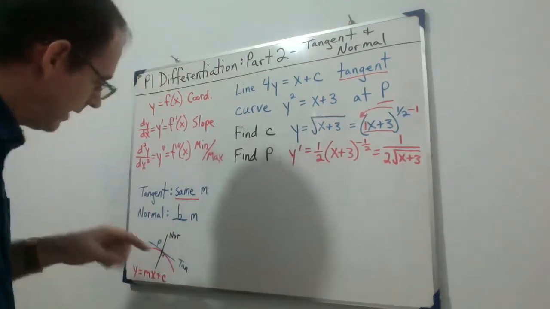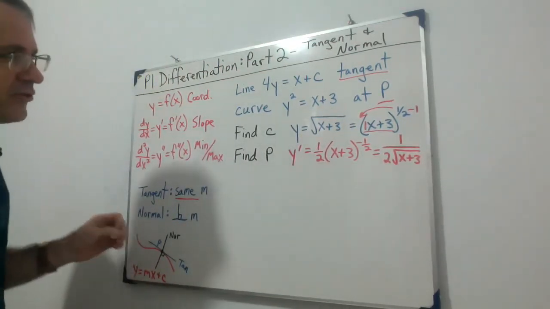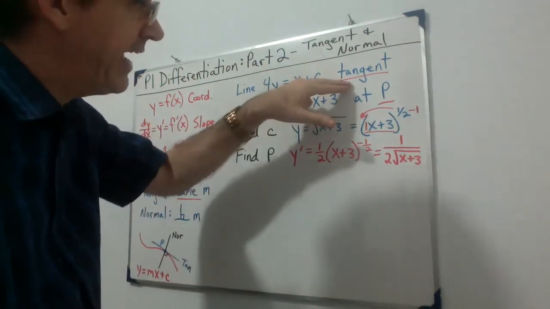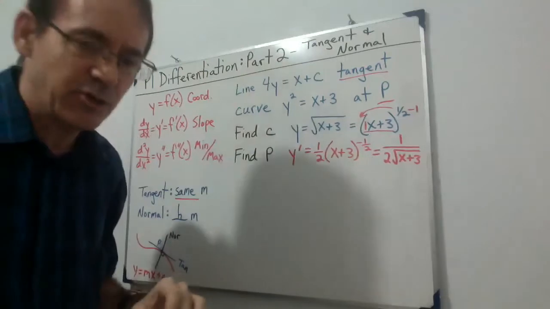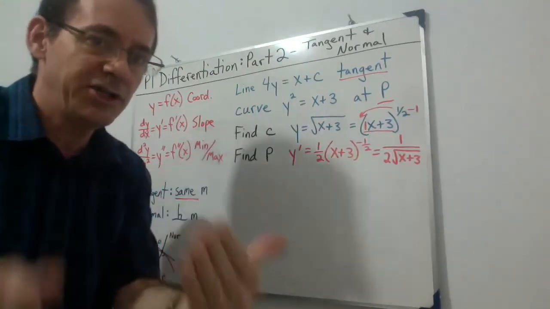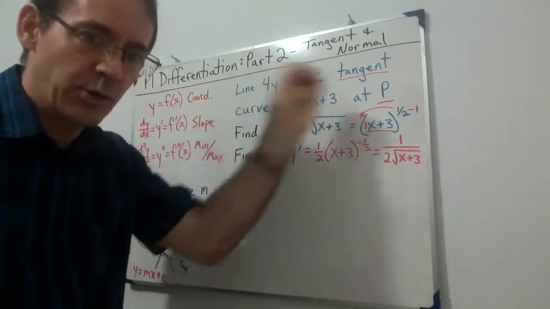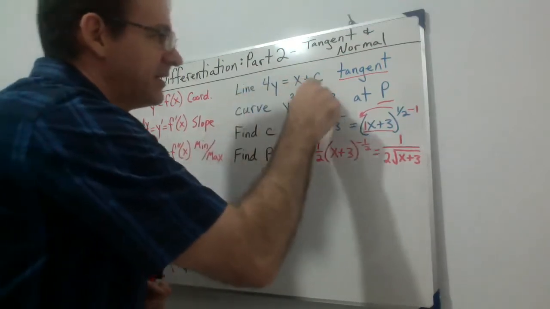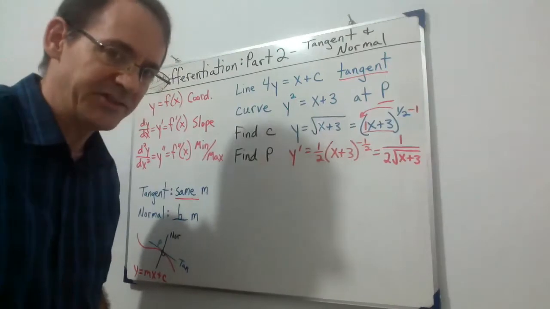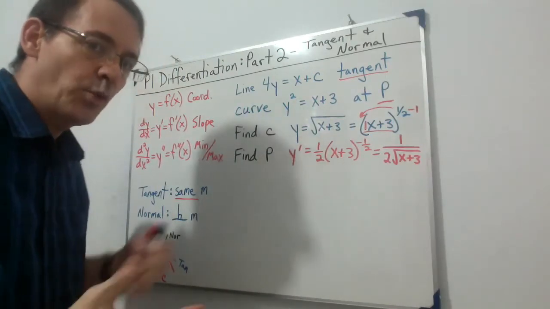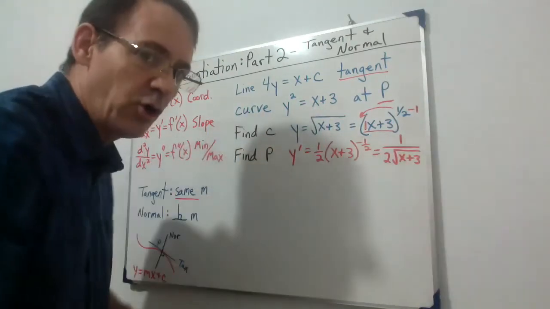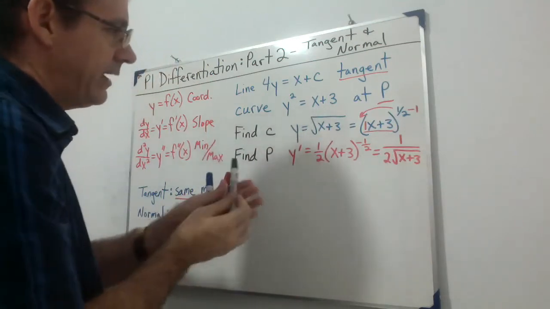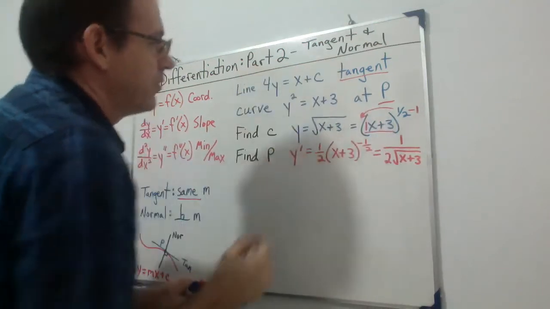And remember, this is slope. Well, how can we figure out the slope? Well, we're told that the tangent line, they give us the equation. Sometimes they want you to find the equation of the tangent line. In this case, they have given us the equation of the tangent line, meaning we can find out what the slope is supposed to be. So here we have 4y equals x plus c.